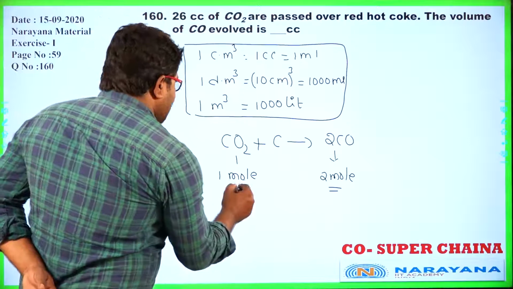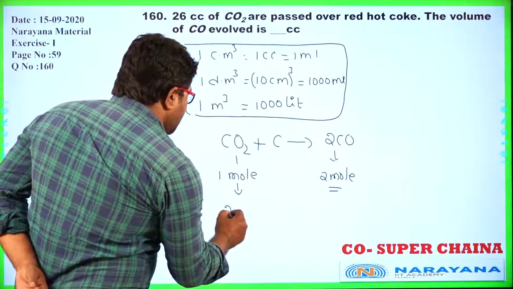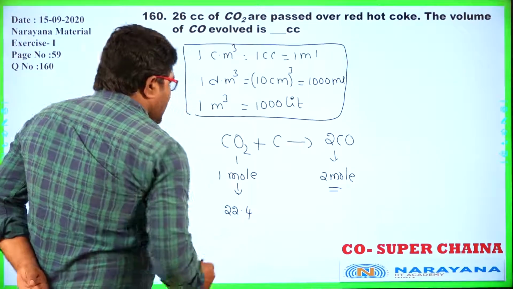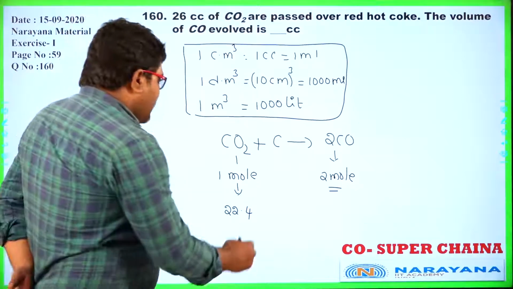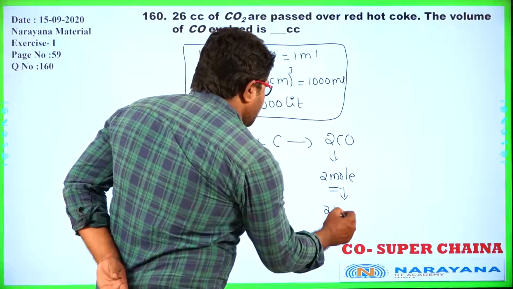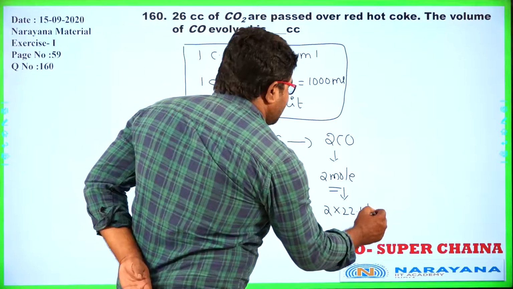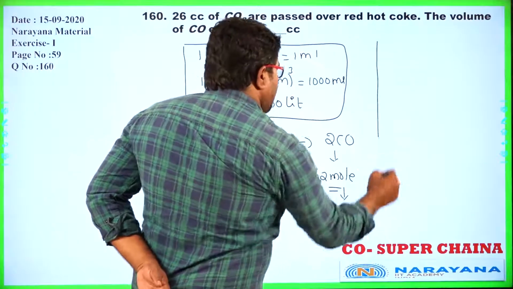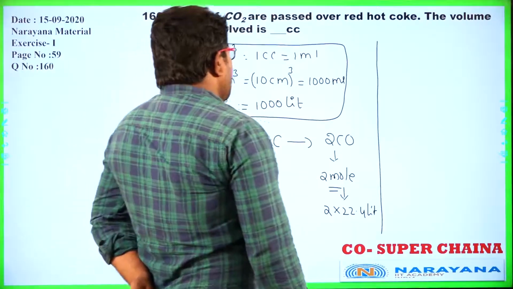If you convert number of moles to volume, 1 mole can occupy 22.4 liters, and 2 moles can occupy 2 into 22.4 liters.